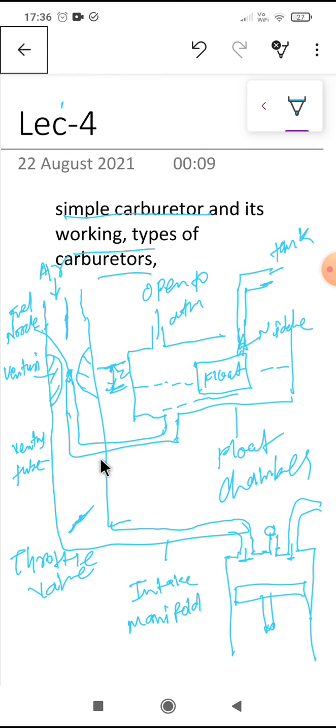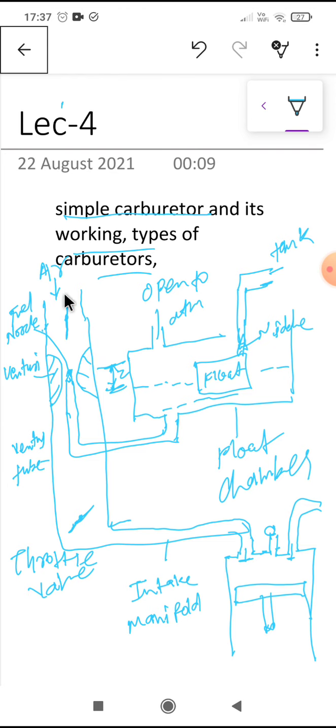In normal working, the choke valve is fully open, but during starting, the choke valve is partially closed, which restricts the airflow. So during starting, a rich mixture is available.